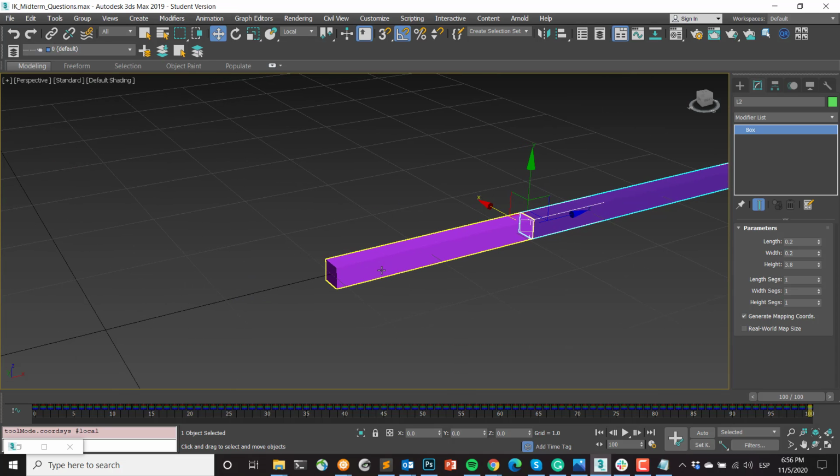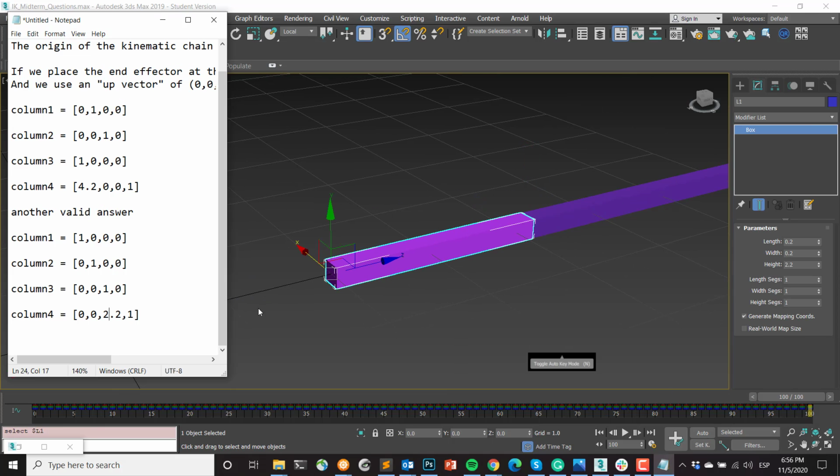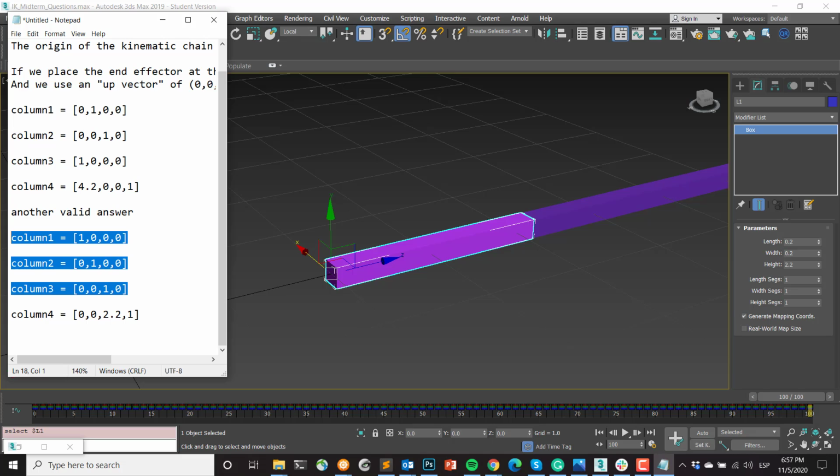Because 2.2 is basically the length of L1. So this should be the correct solution. And again, a lot of people were getting this correct.